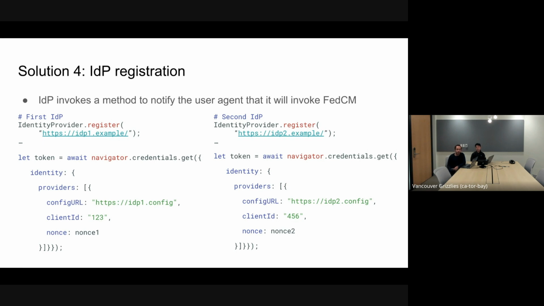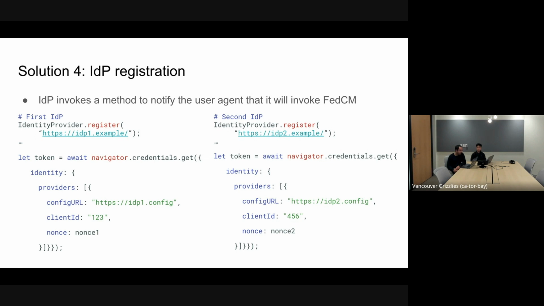So you can see the code is kind of just adding a register method and then having two separate get calls. Now, this solution does not require IDPs to collaborate, but it does require the RP to get involved, right? Because they will have to basically manually tell the IDPs when to invoke what and so on.